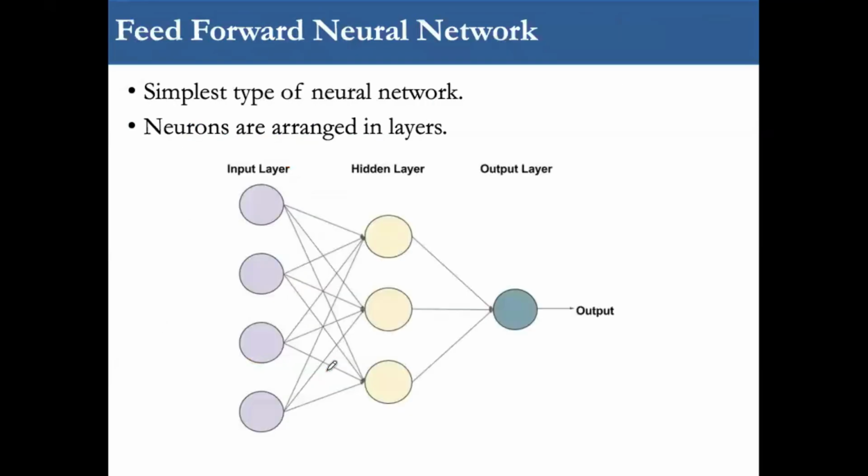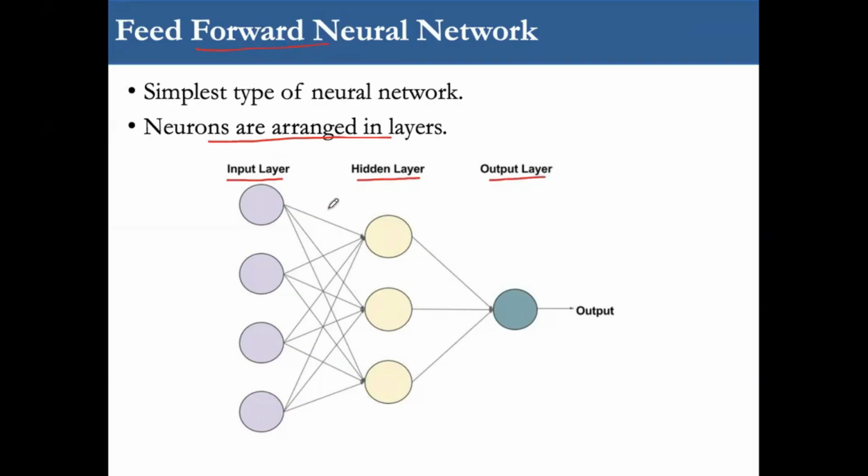The first kind of ANN is the feed forward neural network. It is the simplest type of neural network. Here the neurons are arranged in layers. You can see the neurons are arranged as input layer, hidden layer and an output layer.